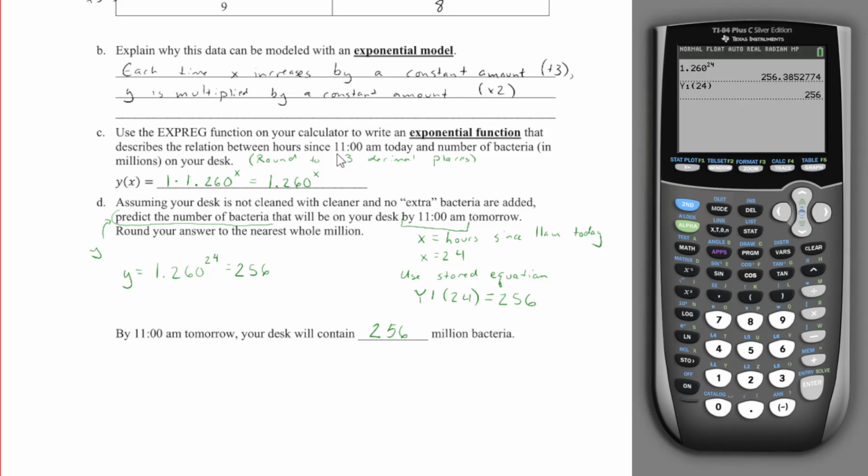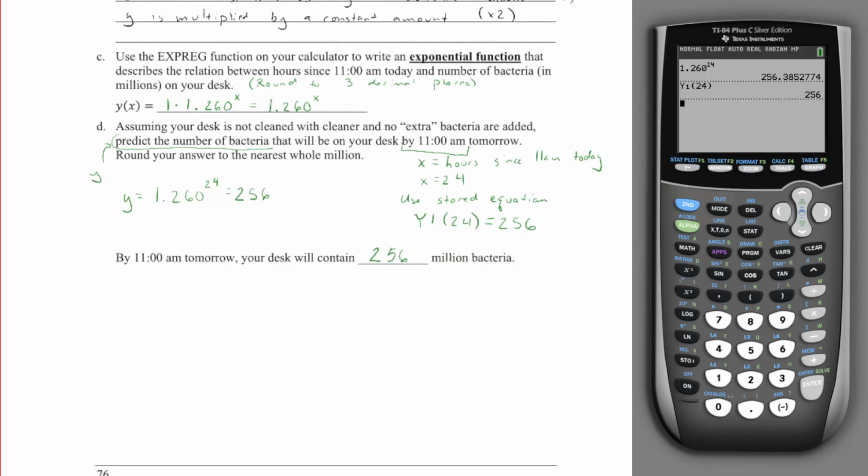Instead, especially if the multiplier is close to 1, so if something's been multiplied by 1.2 or by 0.95, it's more natural to talk about a percent increase or decrease. So let's talk about percent increase or decrease as it relates to exponential functions.